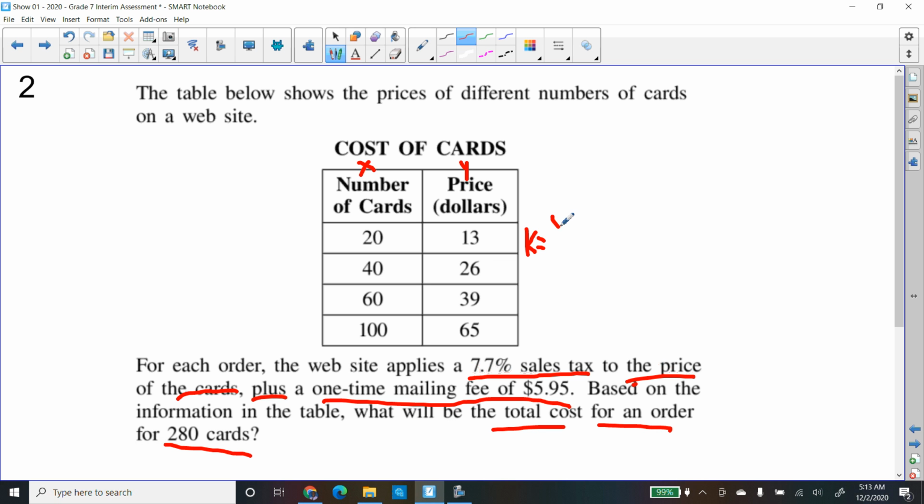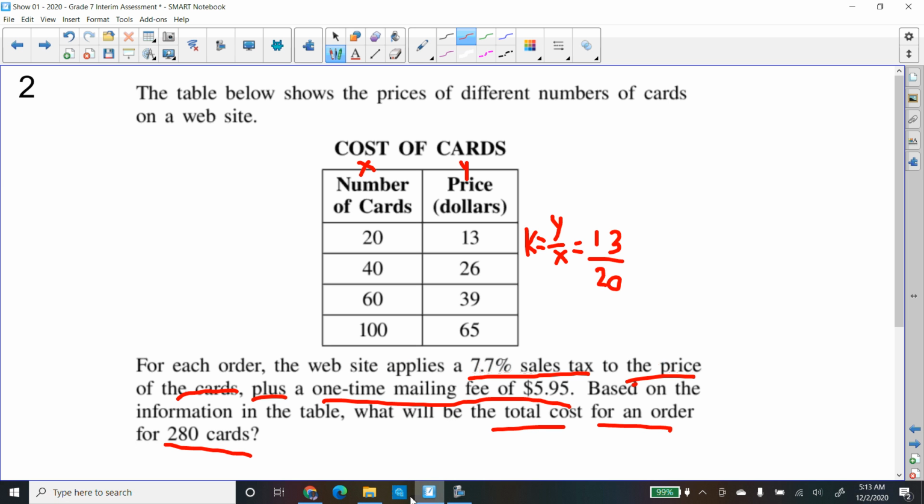So Y over X. That would be $13 divided by 20 cards, just to see the cost of one card. And if this is a true proportional relationship, they all will have that same cost per one card.